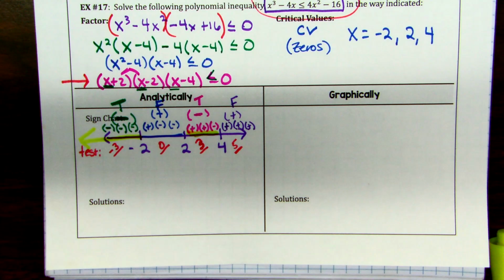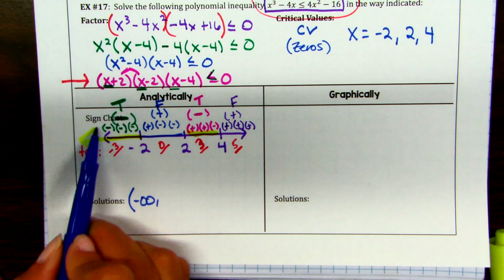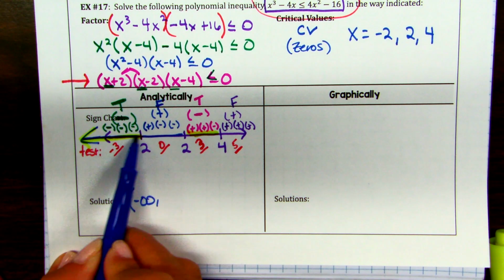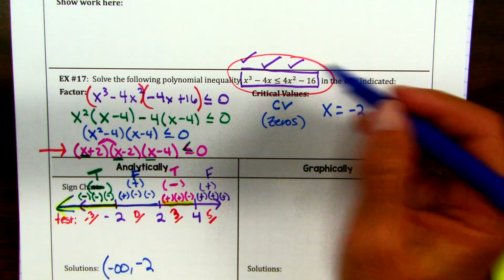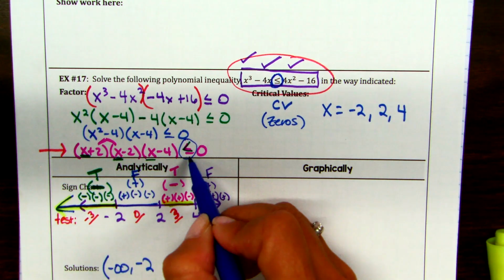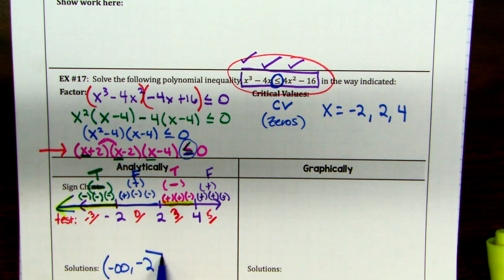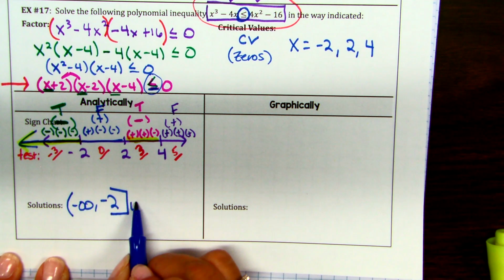How do we write our answer? That's negative infinity, right? This is going to negative infinity up to -2. Since there's an equal to sign under the less than symbol, we use a bracket. That matters. Okay? Then we use a union symbol.